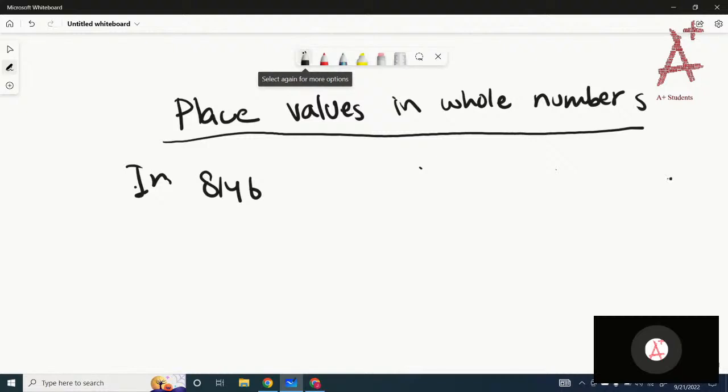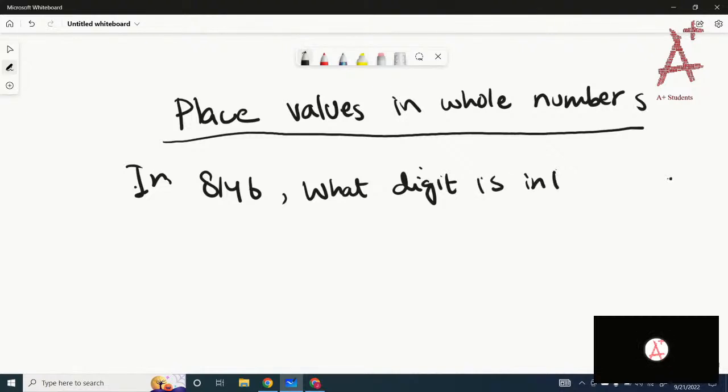You need to see the digit that is. The options you are given are 1, 4, 6, and 8. So just remember the place values in 8146.